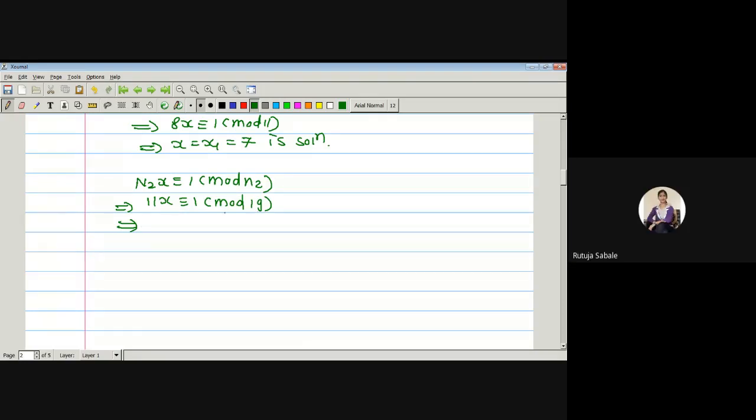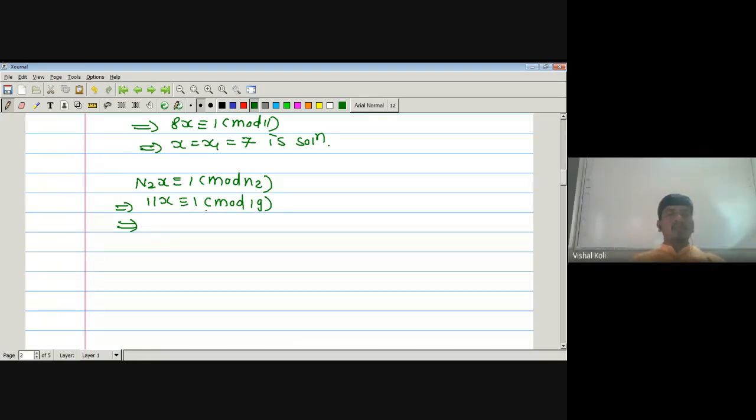What about 2? 22 minus 1, 21 is not divisible by 19. 11 into 3, 33 minus 1, 32, again not divisible by 19. 11 into 4, 44 minus 1, 43, not divisible by 19. 55 minus 1, 54 is divisible by 19?